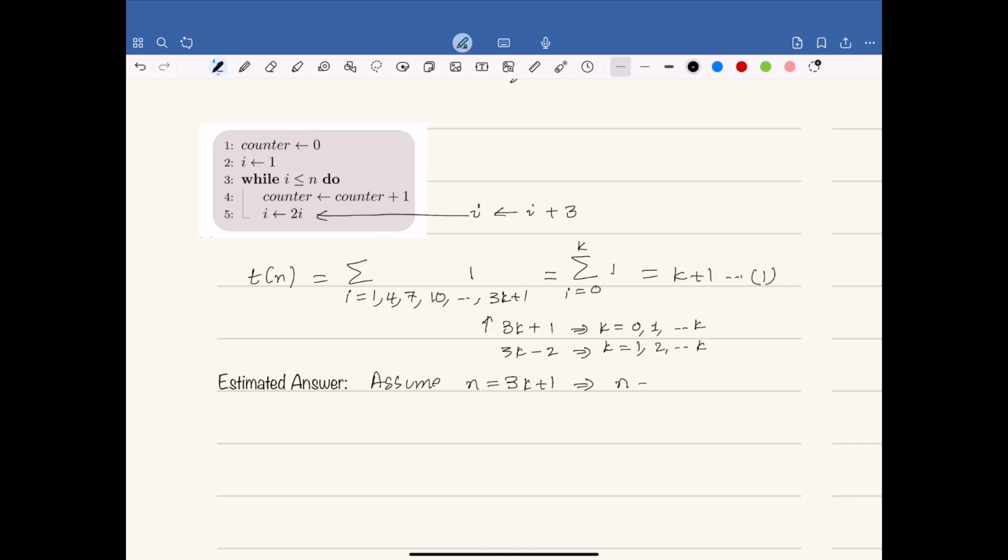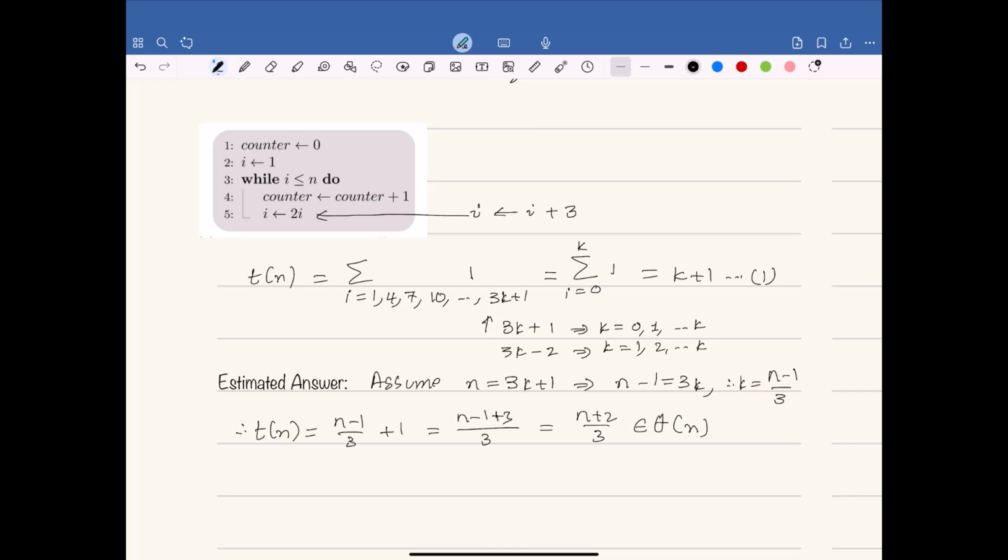So n minus 1 is equal to 3k, and k will be equal to (n minus 1) over 3. Substitute into formula 1. So T(n) is equal to (n minus 1) over 3 plus 1. And this will be equal to (n minus 1 plus 3) over 3. And this will be equal to (n plus 2) over 3, which belongs to big theta of n.